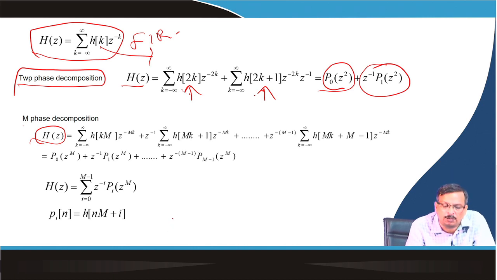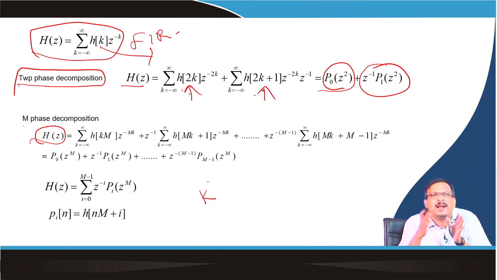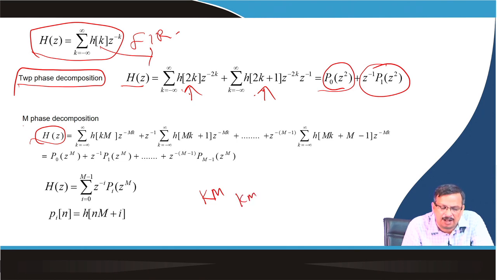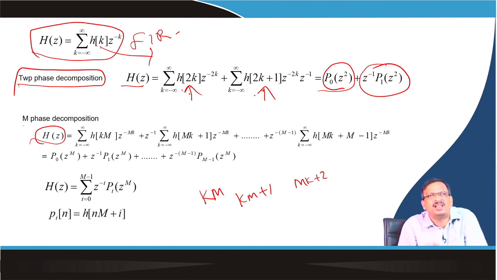So if you see two phase, odd and even, I can say index k is divided by m number of samples. So it is km, then km plus 1, then km plus 2, then km plus 3, like that.